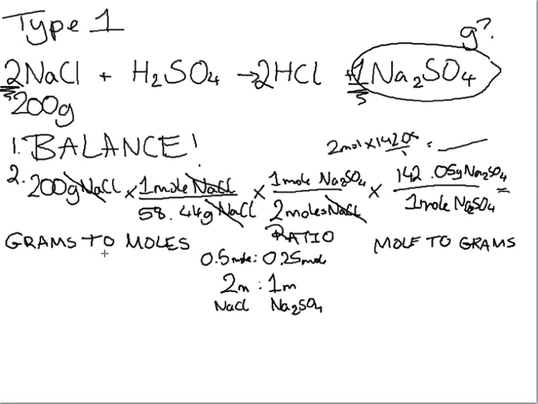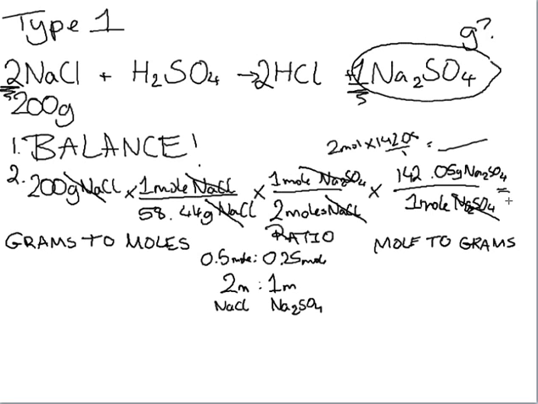You balance it, then you convert to moles, put in the ratio that's already there, and then change it to grams, and make sure everything cancels out except the last thing on top. This cancels out, and this cancels out, and you're left with grams, because that's what you're trying to find, right?